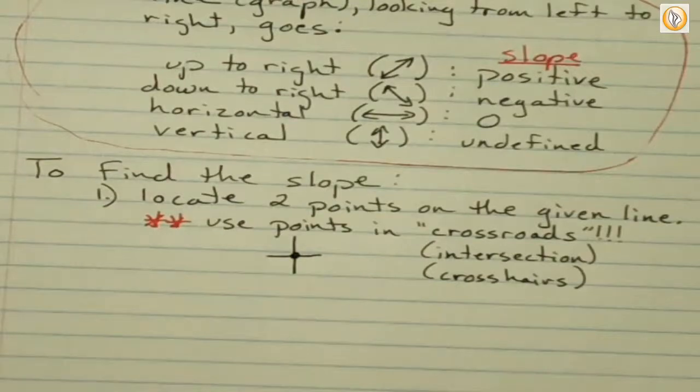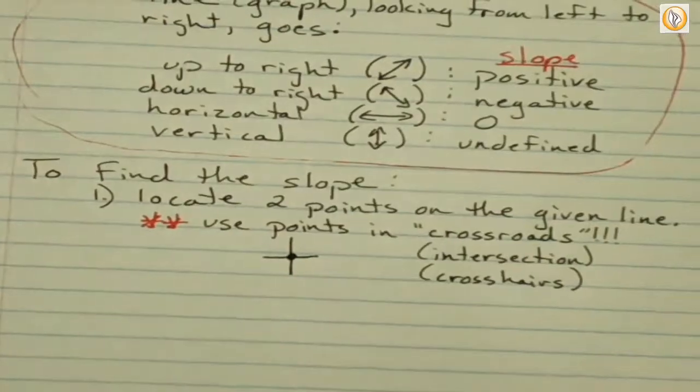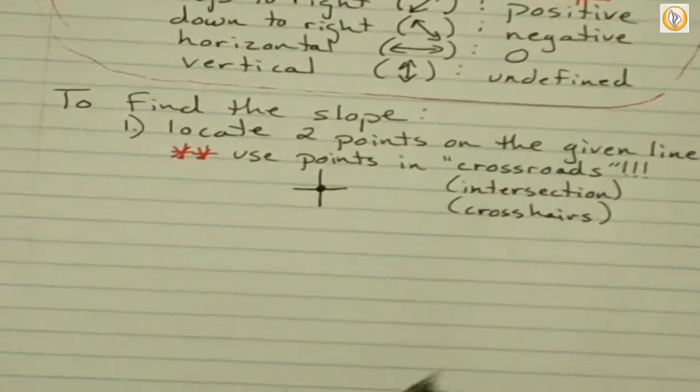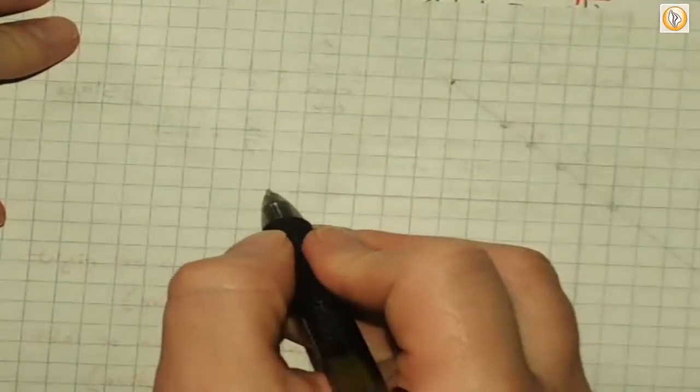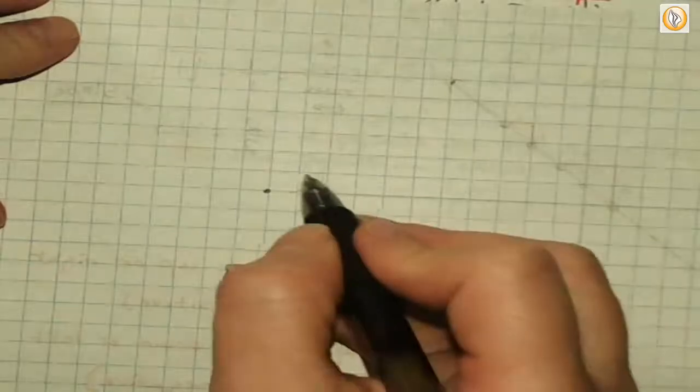See, Joseph gets what that means. You good? So when they say crossroads, intersection, crosshairs, see the graph? See where the lines cross, intersect?